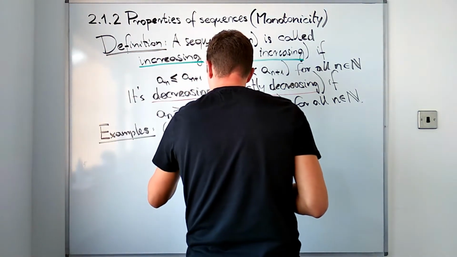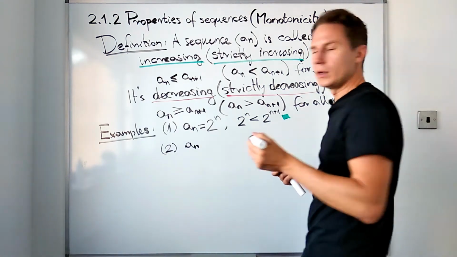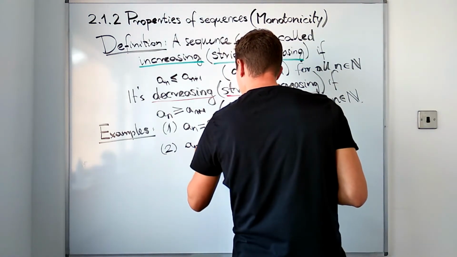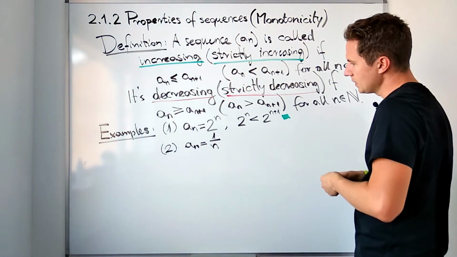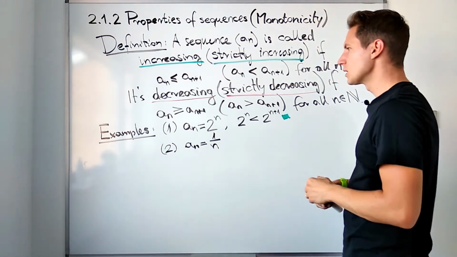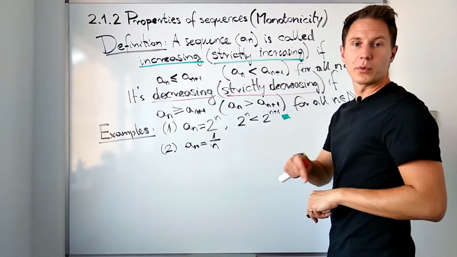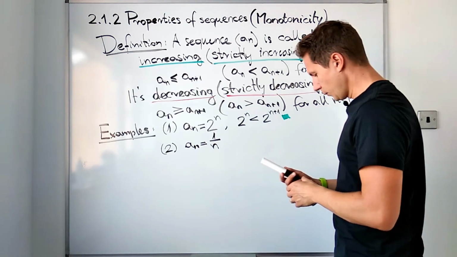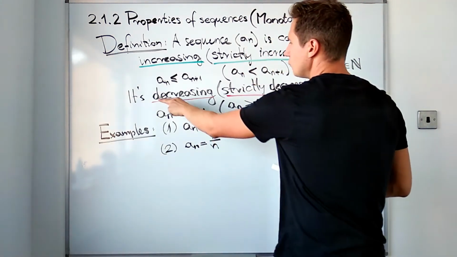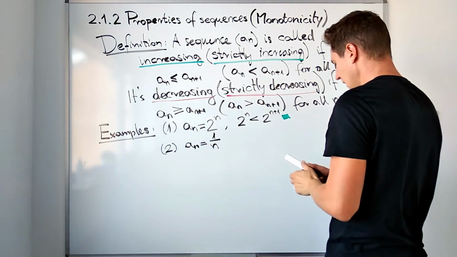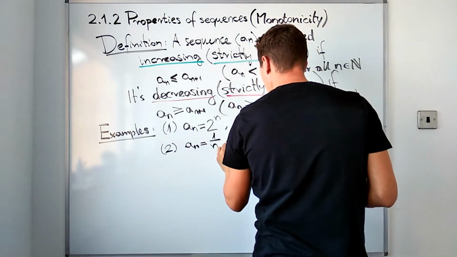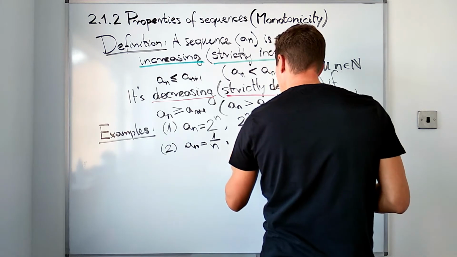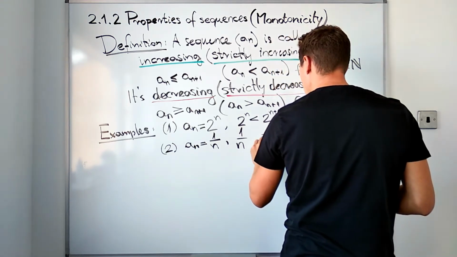For the next example, I want you to consider the sequence a_n being equal to 1 over n. So this is the sequence of reciprocals of natural numbers. What about this sequence? Pause the video and select the answer below. Okay, so I hope you paused it and selected decreasing and strictly decreasing, because for this sequence, the nth term is 1 over n, the n plus first term is 1 over n plus 1.